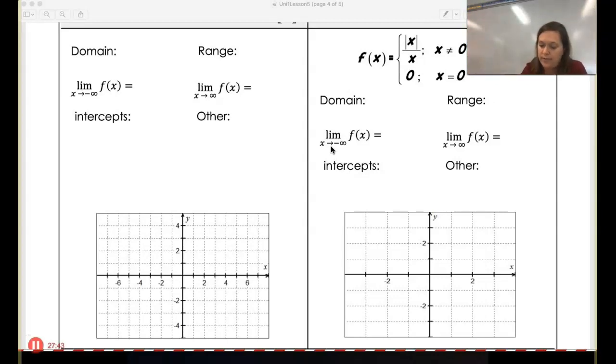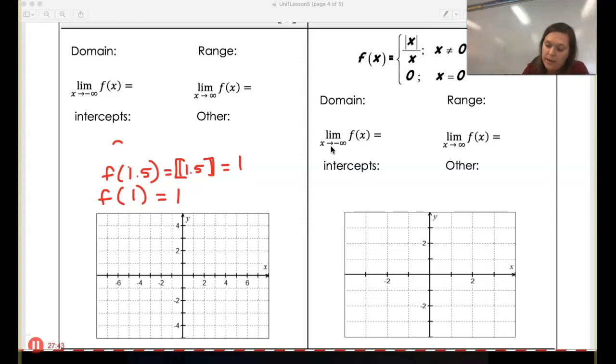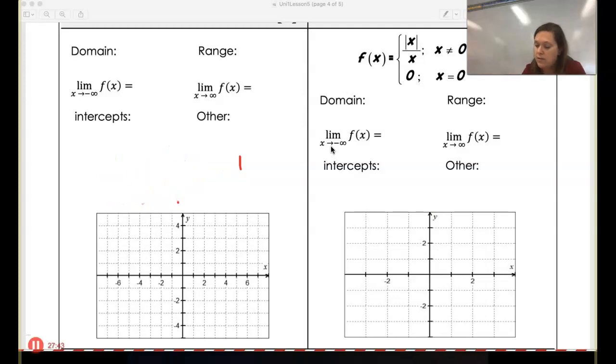So if we had f of 1.5, your greatest integer of 1.5, this is the floor one that we were talking about the other day when we were doing piecewise, would go to 1. F of 1 would be 1. F of 1.9 would be 1. So everything's going to round down for greatest integer.